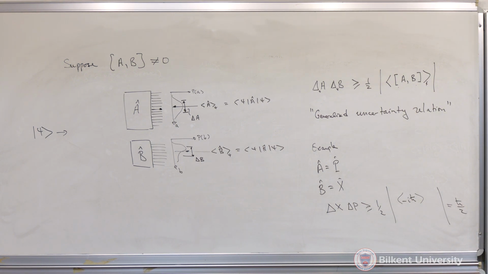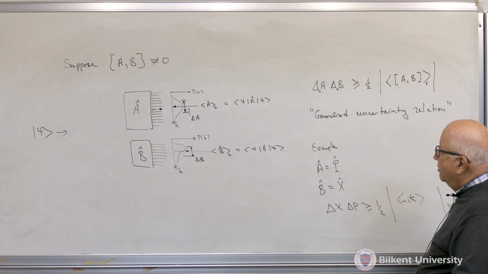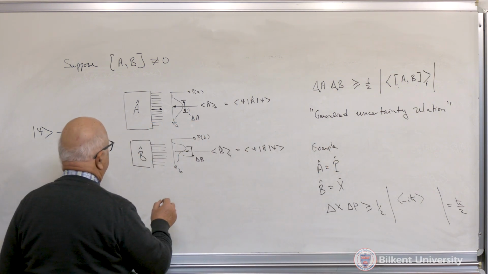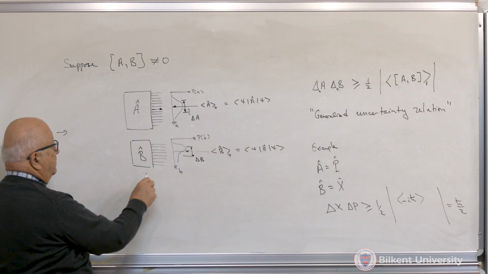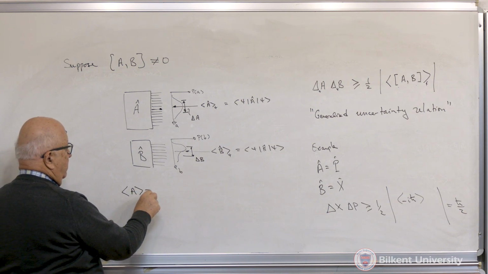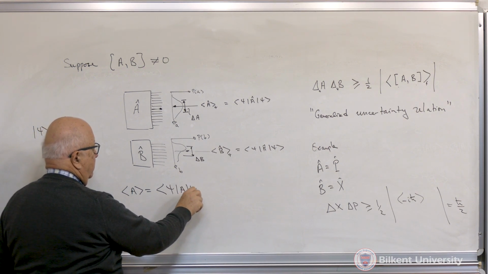How do you define delta A, delta B for a discrete case? Delta A, delta B is just you take this psi. I already wrote down what the average value of A is: psi A psi.